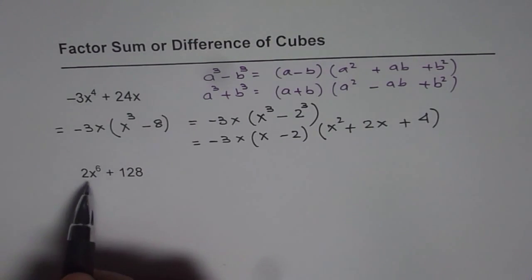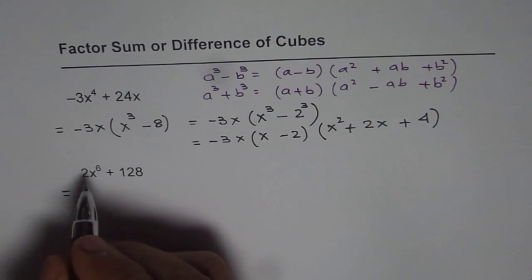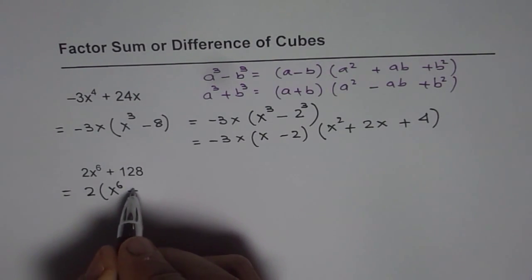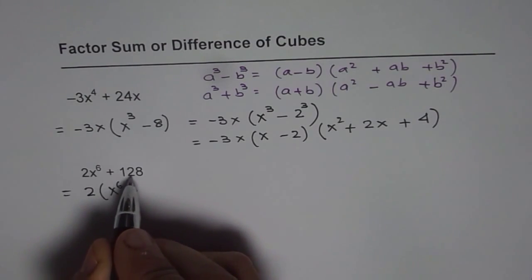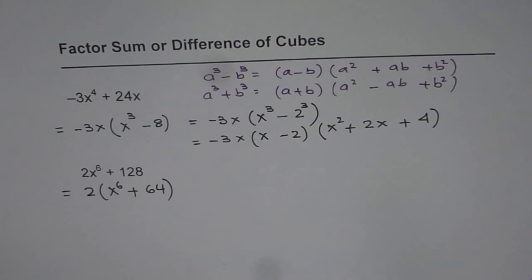Let's see how. In this case, I can factor 2. If I factor 2, I'm left with x to the power of 6 plus 128 divided by 2, which is 64. You can always pick up your calculator and see the cube root of 64. 4 times 4 is 16, 16 times 4 is 64.